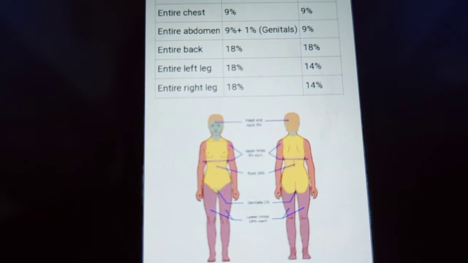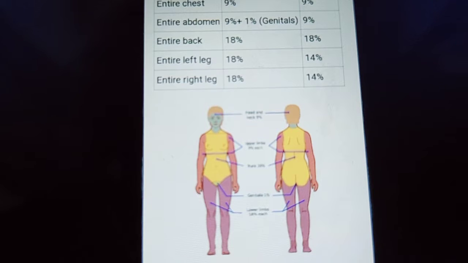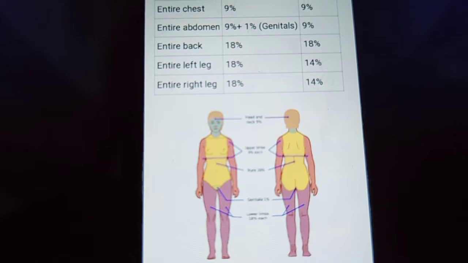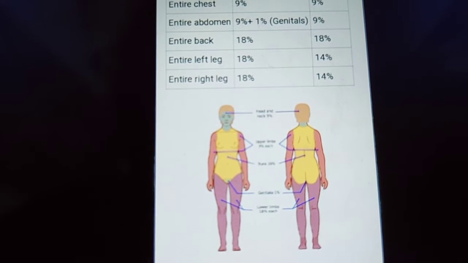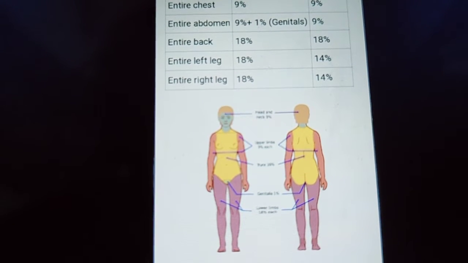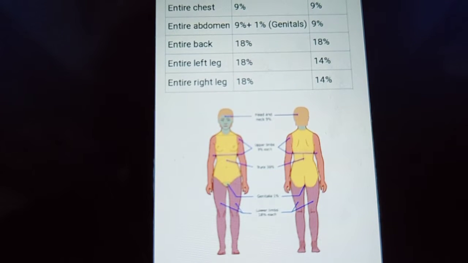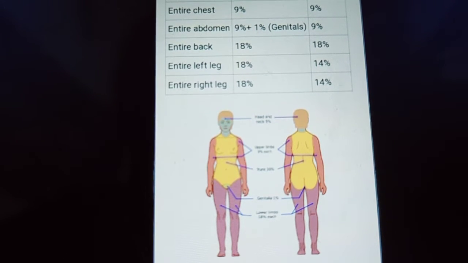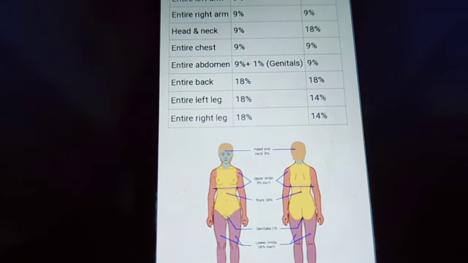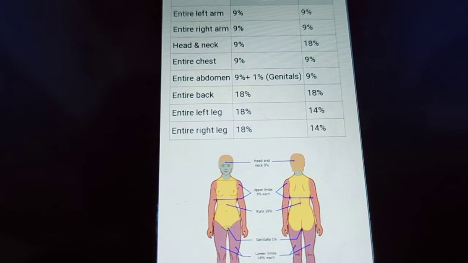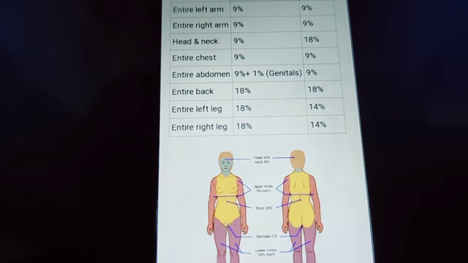If the entire head is burned, front and back, it is 9%, which can be further divided as 4.5% for the anterior, that is the face, and 4.5% for the back side of the head. Next, the entire trunk is estimated to be 36%, which can be further divided into anterior and posterior components.